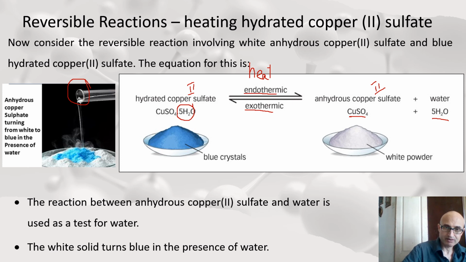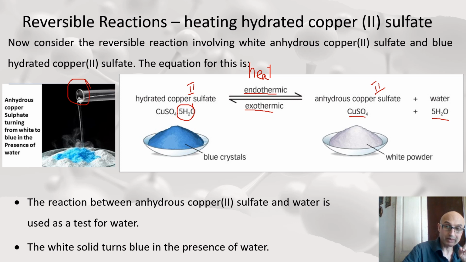You heat the copper 2 sulfate and you end up with the white powder, which is anhydrous. You add the water back and you go back to the blue crystalline appearance of the copper 2 sulfate. So it can go forwards and backwards any number of times. It's a reversible reaction.